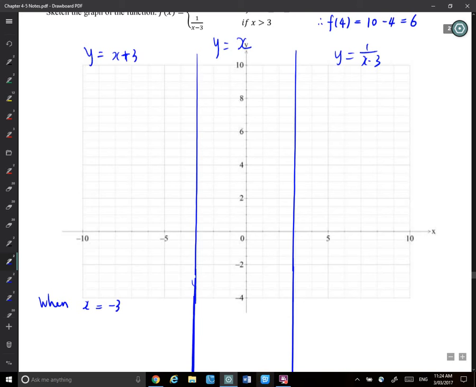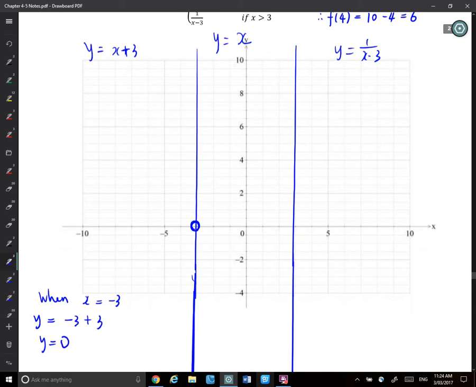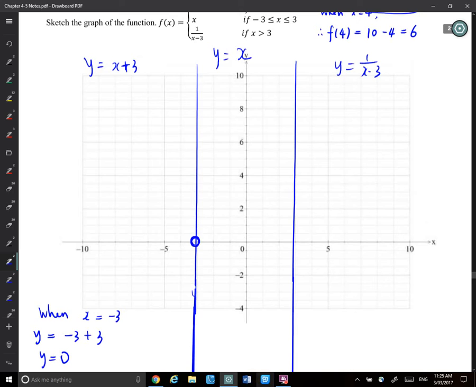So when x equals -3, y equals -3 plus 3, y will be 0. So I have -3, 0. It's an open circle at -3, 0. And all the left part will be possible to sketch. All the left part belongs to x plus 3.